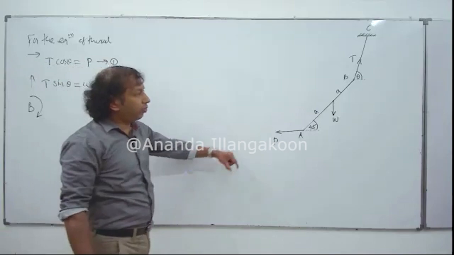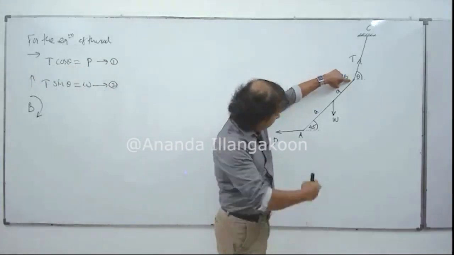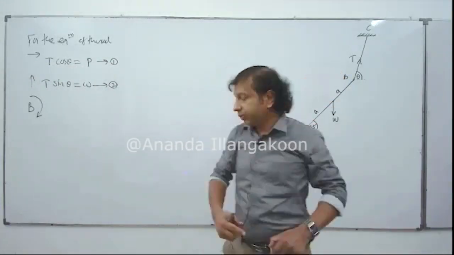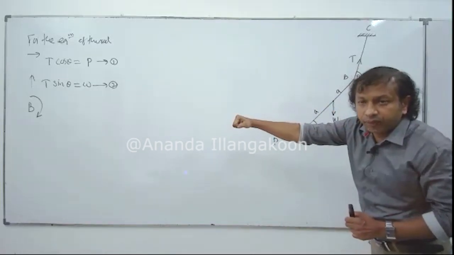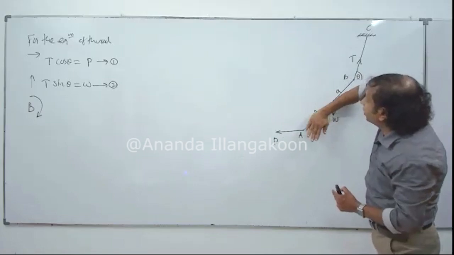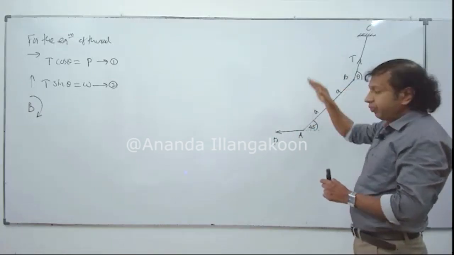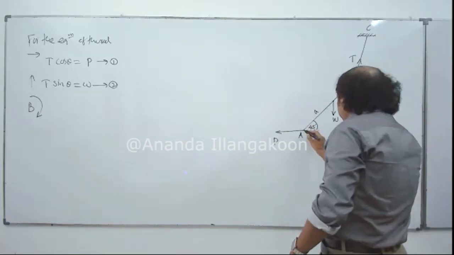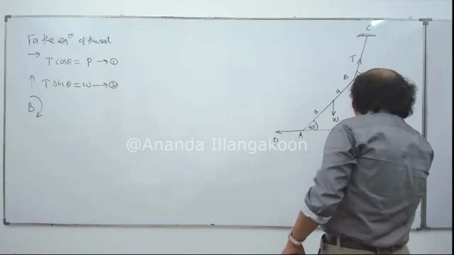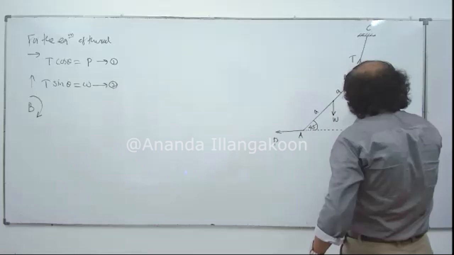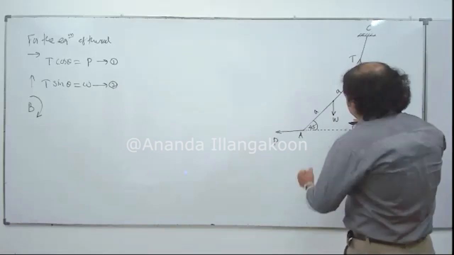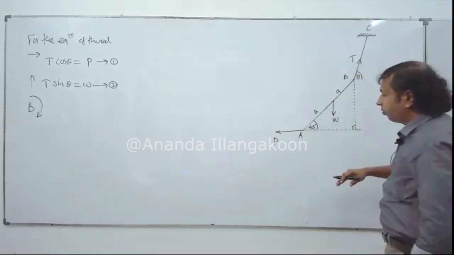A is also possible, but I'll take B. When we push with the force P this way, the rod begins to rotate clockwise about B. What is the moment of P?